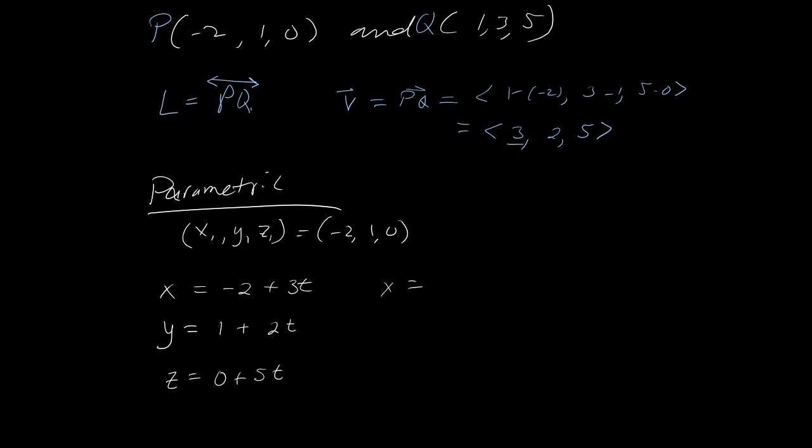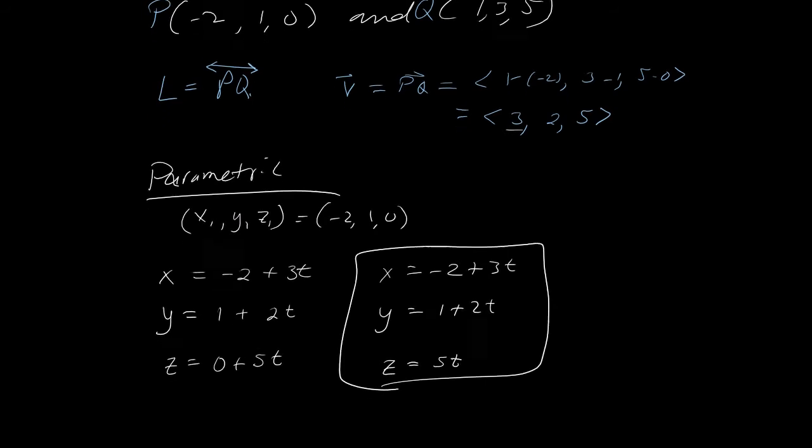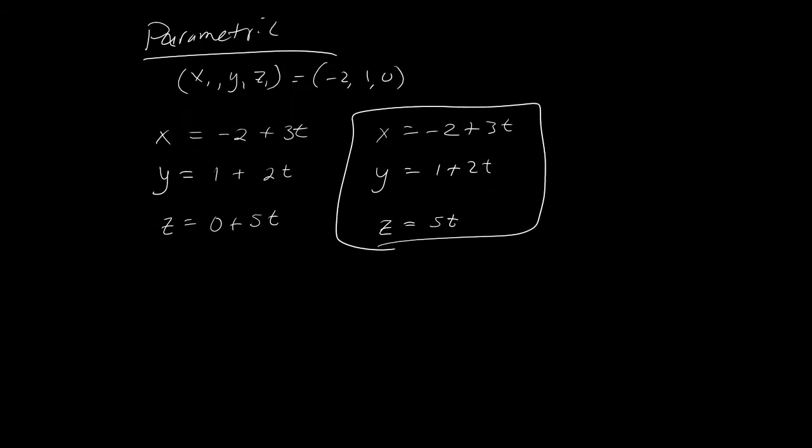So we have x equal to negative 2 plus 3t, y equal to 1 plus 2t, and z equal to 5t. That is the parametric equations of this particular line in space. Once we have this, it's very simple to come up with the symmetric equations.